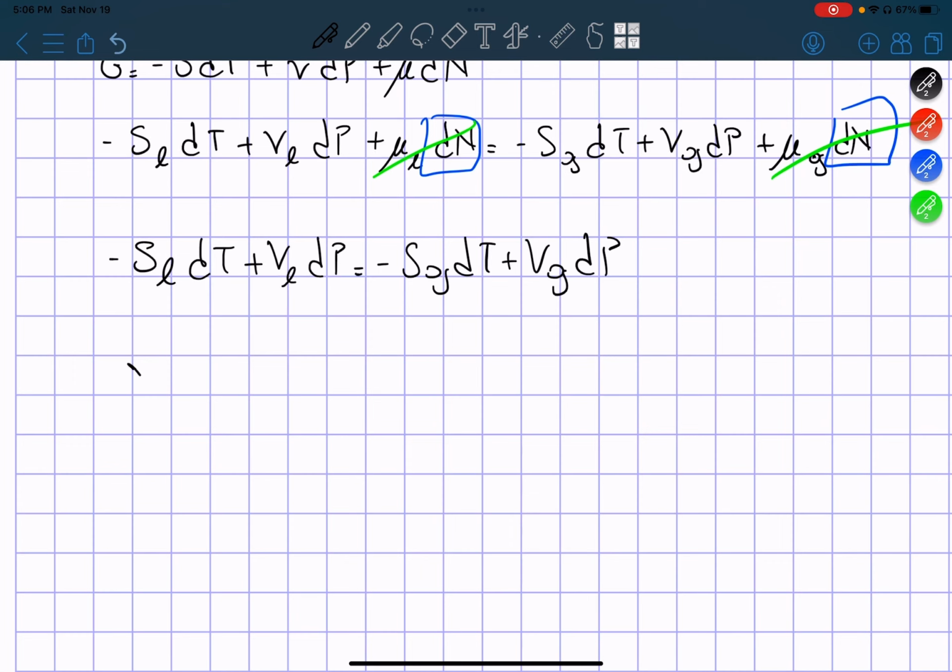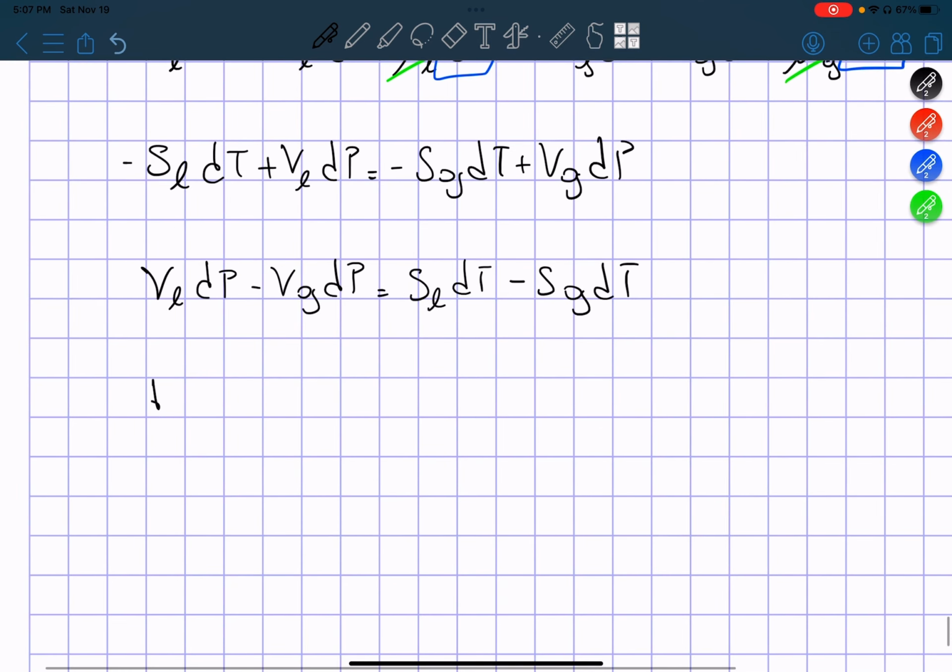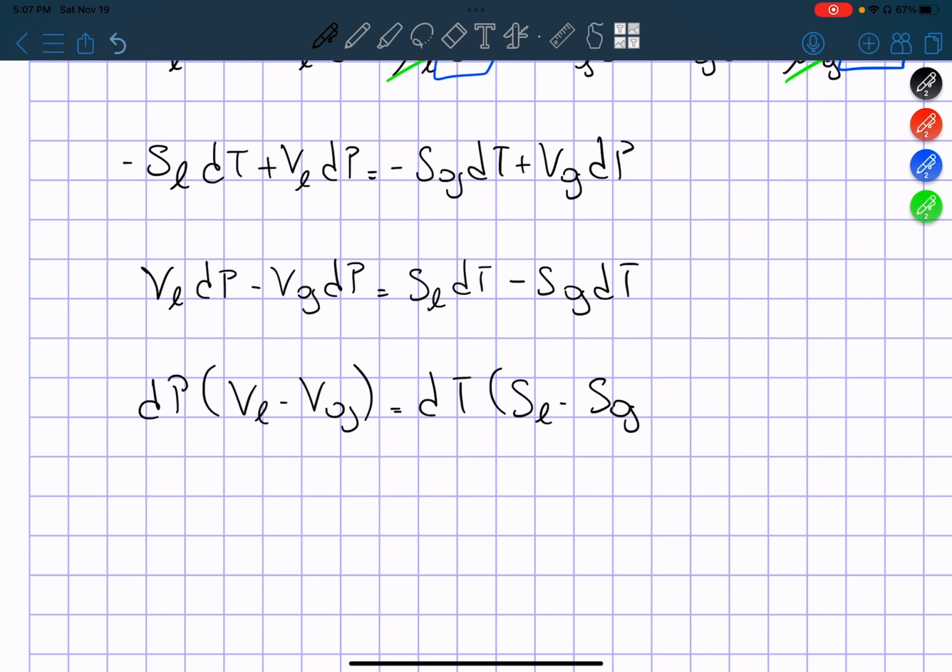So we would have volume of the liquid times dP minus volume of the gas times dP is equal to the entropy of the liquid times dT minus entropy of the gas times dT. So now we can collect dP from the first part. So we have dP times volume of the liquid minus volume of the gas equals dT times entropy of the liquid minus entropy of the gas.